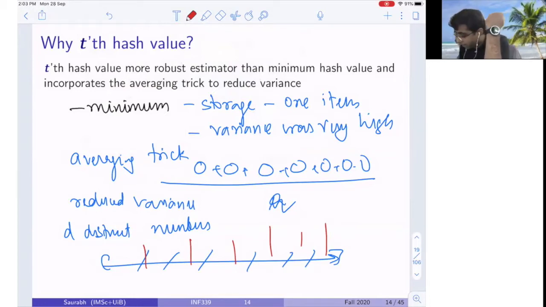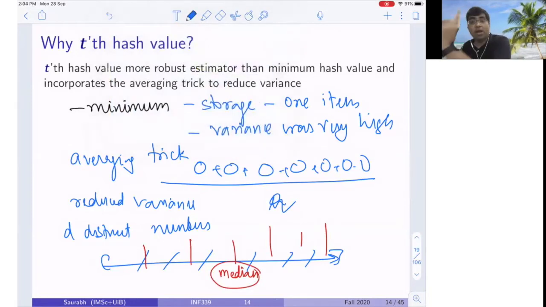So what we have noticed up until now is that if we had a median, when we were storing the median of some things, then for the median to go wrong, not one random variable has to go wrong, but several random variables have to go wrong, right?